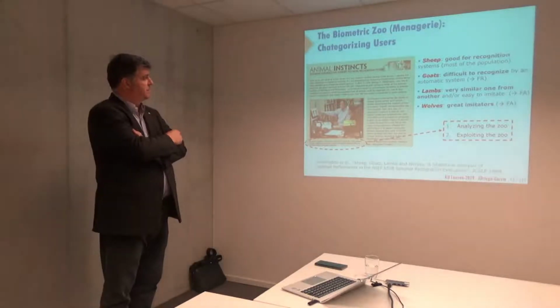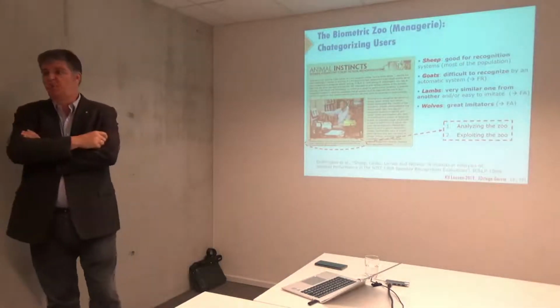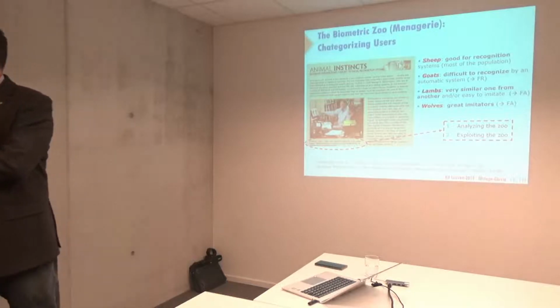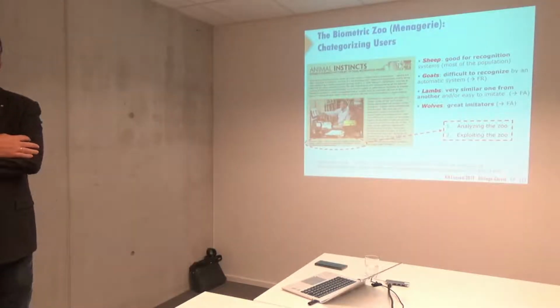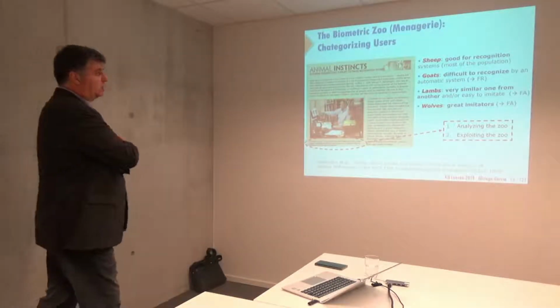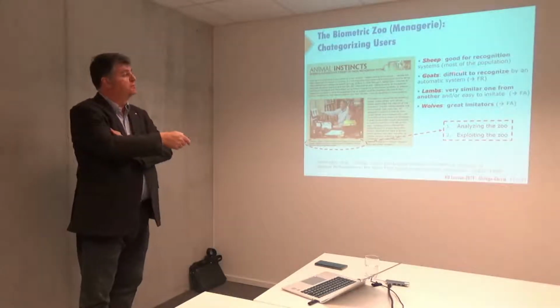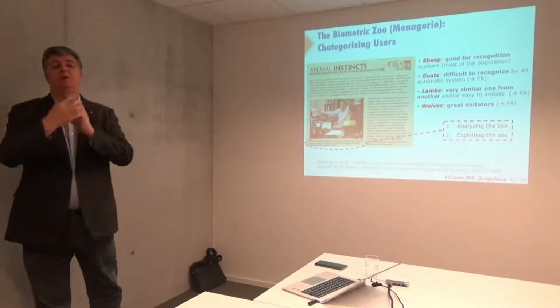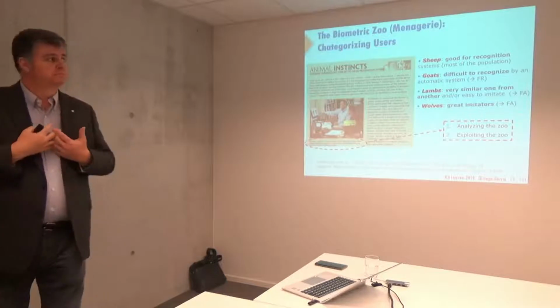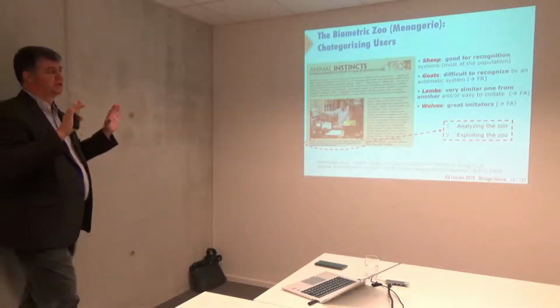What is this biometric zoo? Well, it depends on the type of user you are. For instance, sheep are good for recognition. Most of the population is doing usual things, so we are sheep.